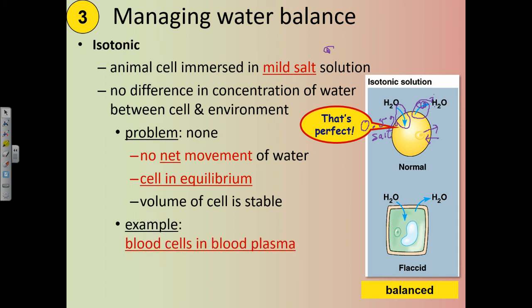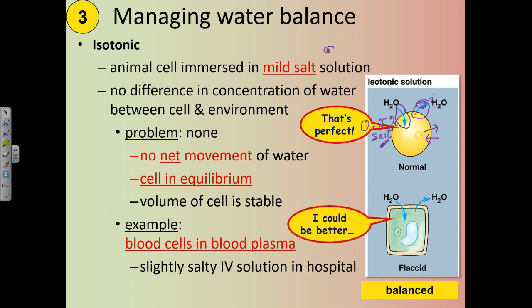An example would be blood cells. I just mentioned that up here about your 0.5% salt solution. If you've ever gone into the hospital and had an IV put in, they will hook up a saline solution IV to you, and it has to be about the same percentage as your blood, otherwise we have issues. Now for a plant cell, let's see if I can bring this down here.